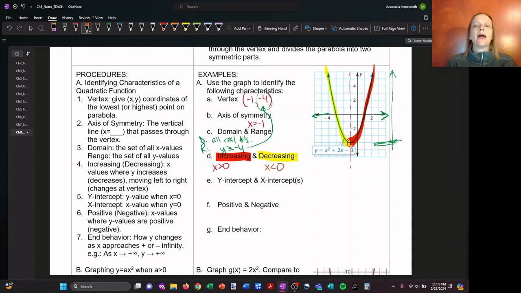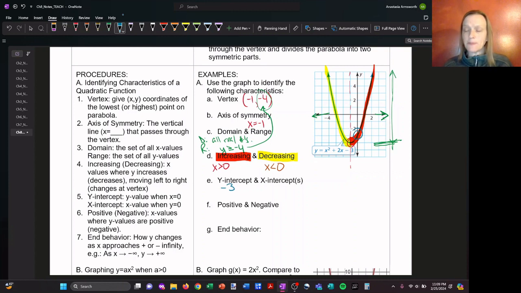Next, y-intercepts and x-intercepts. The y-intercept, there's only one for any given parabola, and this one occurs at -3, so the y-intercept is here at -3.